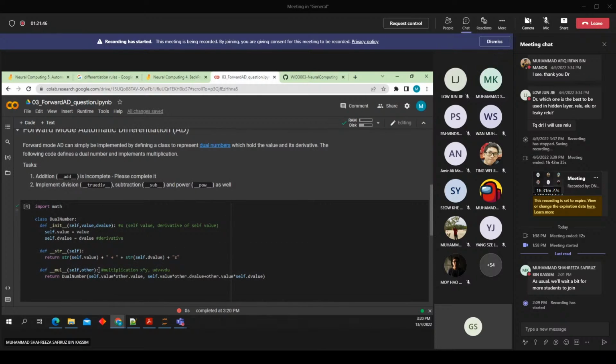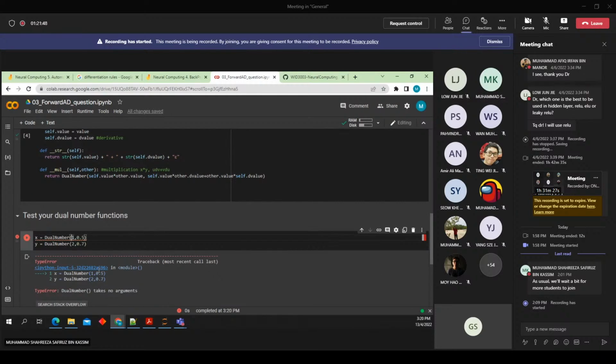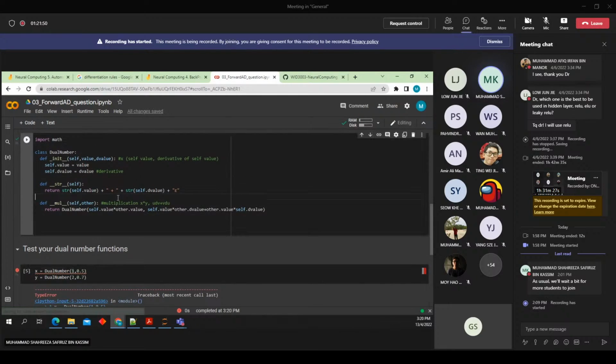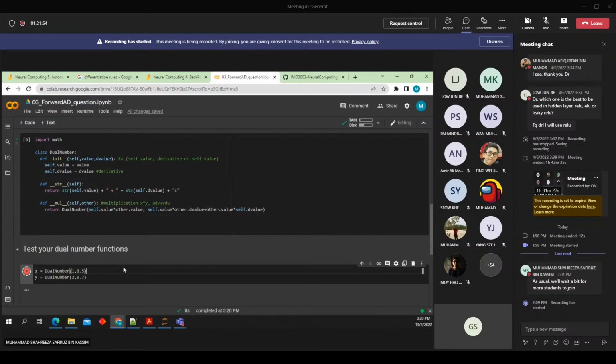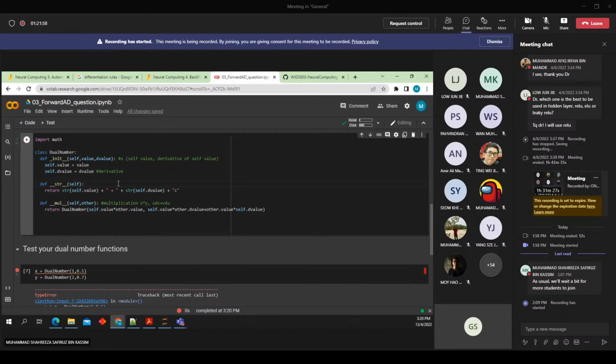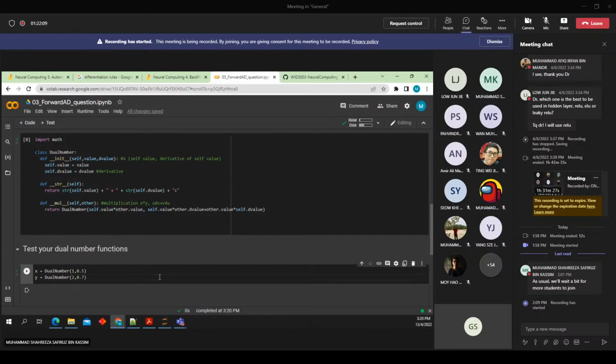Why am I getting an error? I think because there's no underscore in the init. Yes, thank you very much for that.